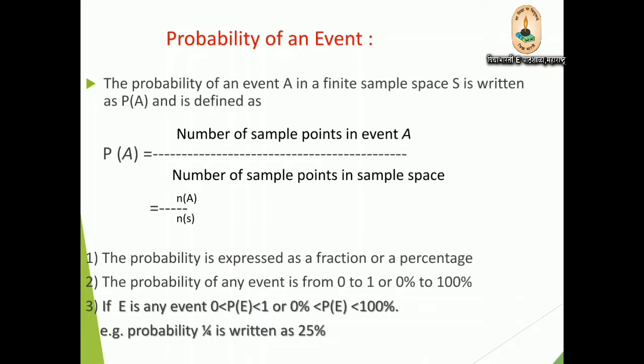If E is any event, then 0 ≤ P(E) ≤ 1 or 0% ≤ P(E) ≤ 100%. For example, if probability is 1/4, then probability is 25%.